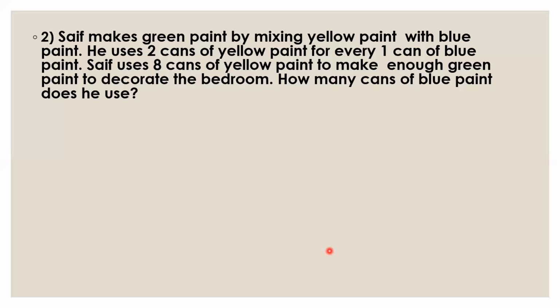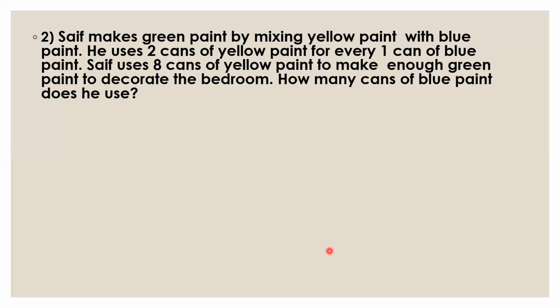For getting a green paint, Saif is taking 2 cans of yellow paint and 1 can of blue paint. He mixed these 2 paints and so he got a green paint.